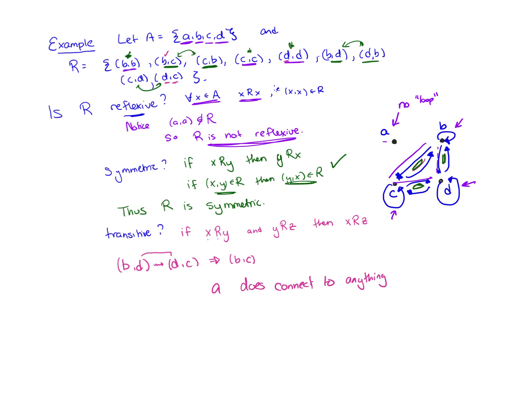So even if I go B to D and D to C, I can get B to C because I have that direct arrow. Everything else is connected to everything else, including in the loops, right? So we have to be careful because we have B to D and then D to B, so I get B to B. So I actually have to have that reflexivity. Anytime I have two that match up, I get that following relationship. So this is transitive. That's definitely the hardest one to check.